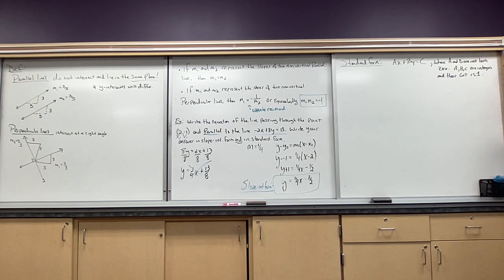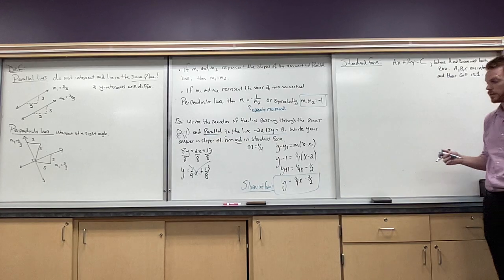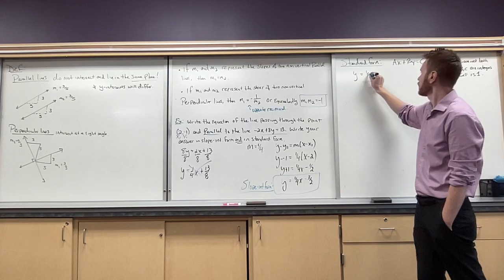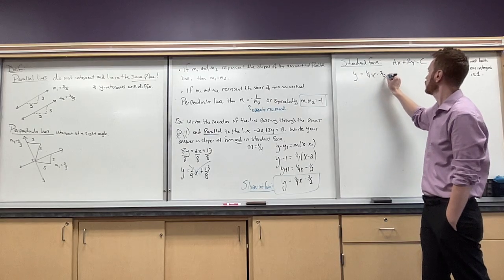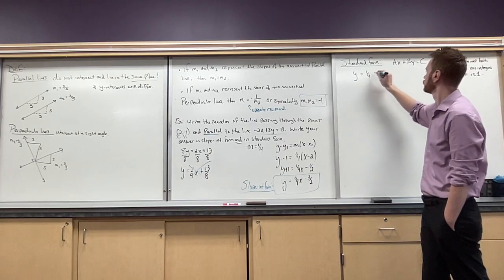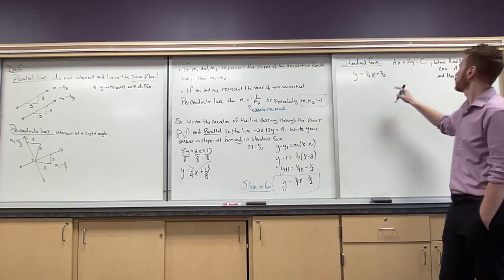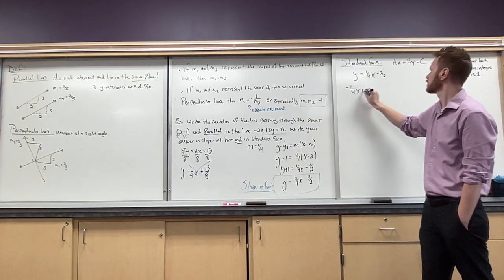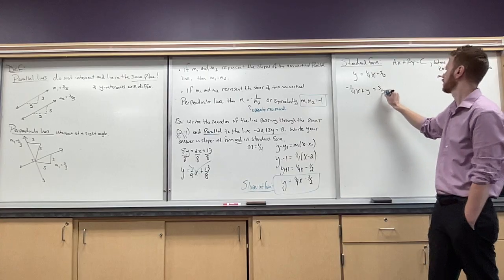That's important. Now, over here, as you can see, I don't have integers. I'm going to have to mess with that a little bit, and I don't know if the GCF is 1 or not until I get rid of the fractions. Originally I had y equals 1/4 x minus 3/2. So I've got to put it in this form. We'll subtract the 1/4 x to the other side to get x and y together.